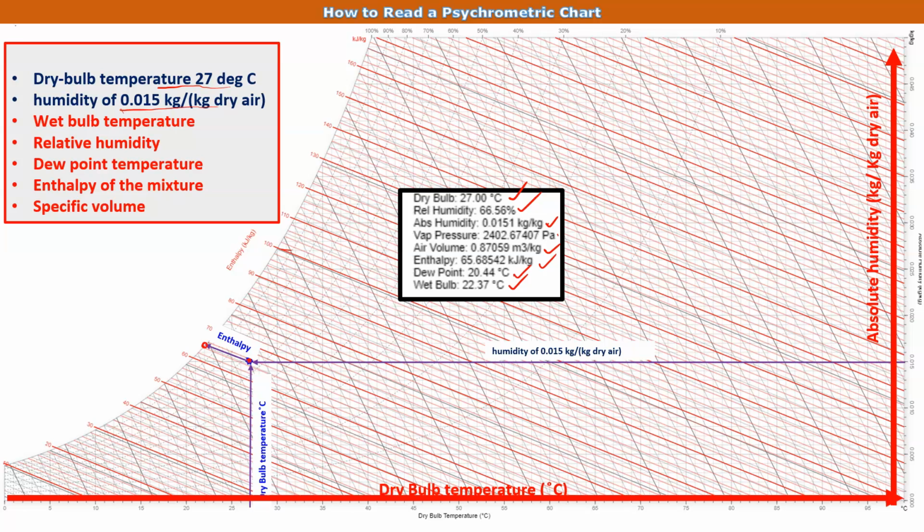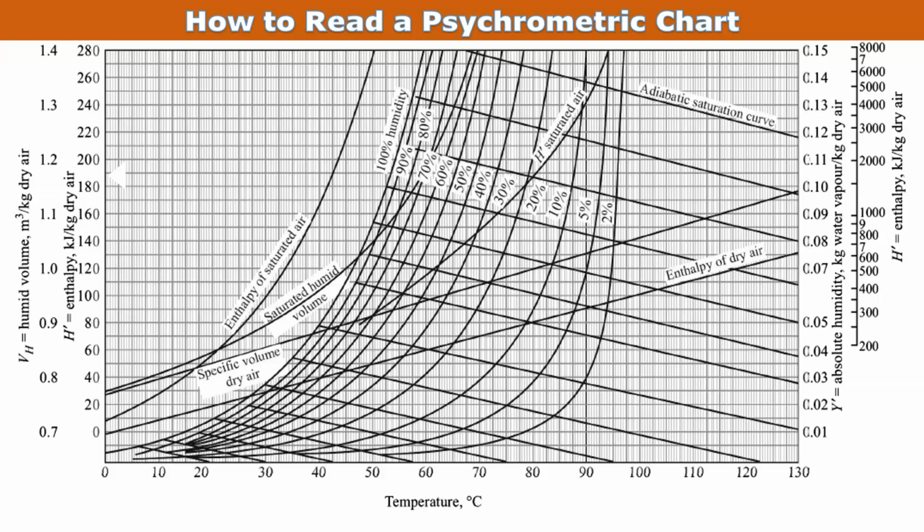Now, at the undergraduate level, here is another type of psychrometric chart. In this psychrometric chart, at the bottom this represents the dry bulb temperature, then the relative humidity is given, and the absolute humidity, the kg of water vapor per kg of dry air.